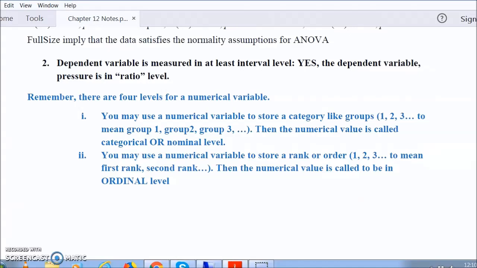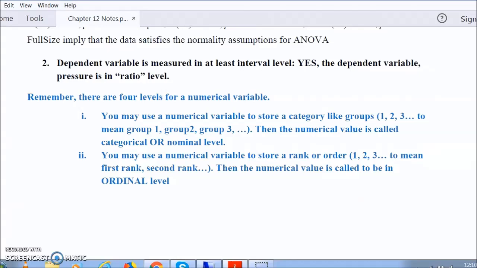The categorical or nominal level is just giving values to things, like if you talk about hair color, black, blue, green, the values were given 1, 2, 3, that is nominal data, just giving them values.